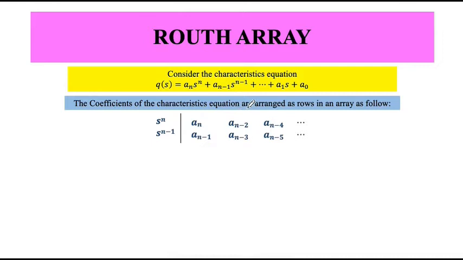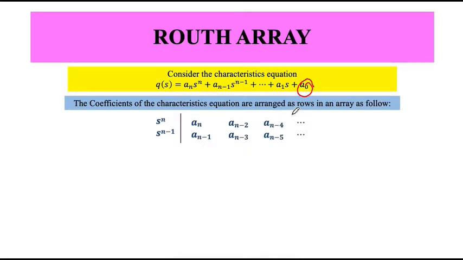Then I take all the coefficients of n minus 2, n minus 4, and so on, and then n minus 1, n minus 3, n minus 5, until I reach the end of the polynomial. So these two rows are given to me.